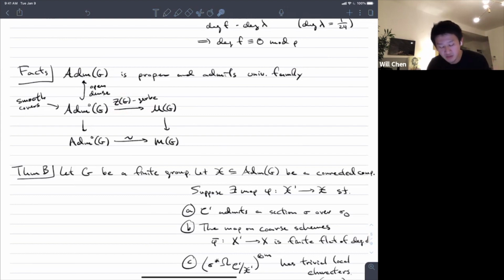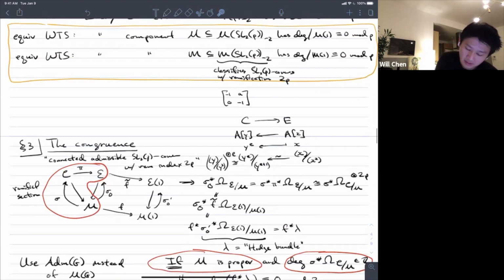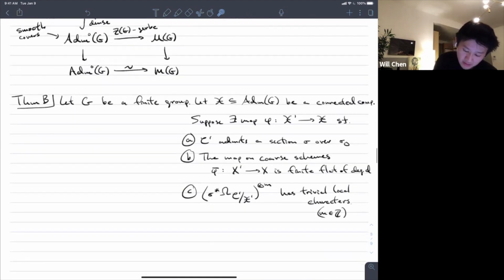So it induces an isomorphism on topological spaces, but all the automorphism groups are thickened by, in this case, the center of G. So this is one way to make the connection, and this is why I stated this final equivalence: it suffices to just think about the coarse moduli schemes. So here's the precise statement.